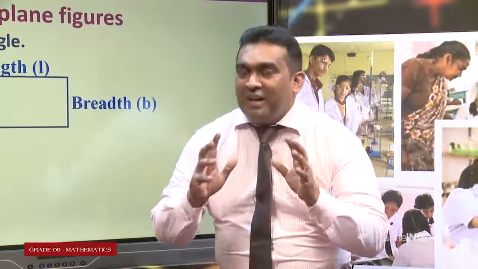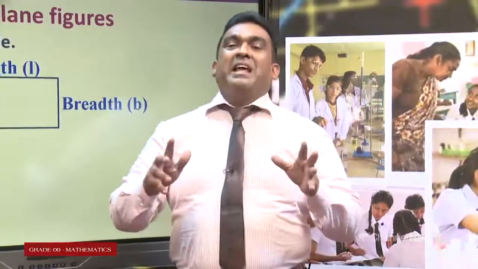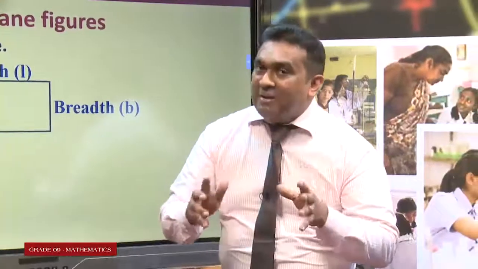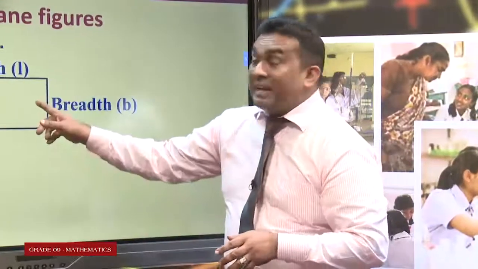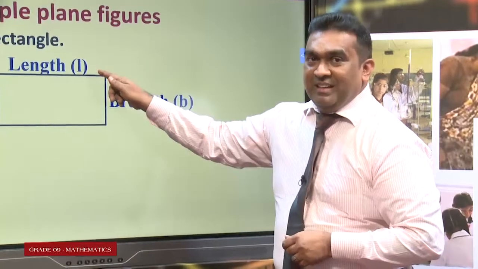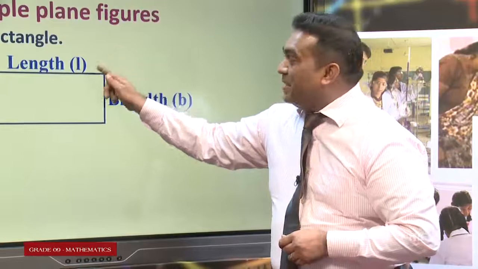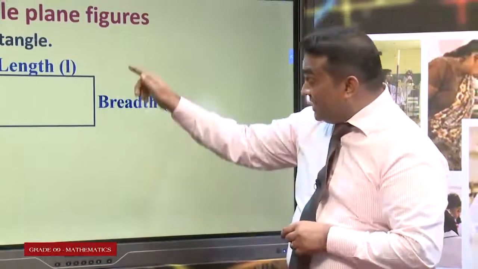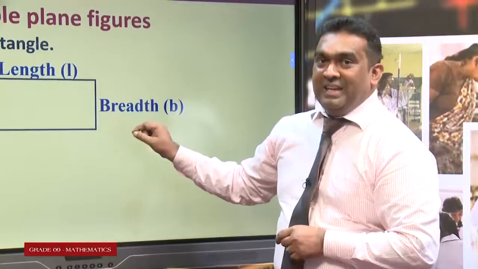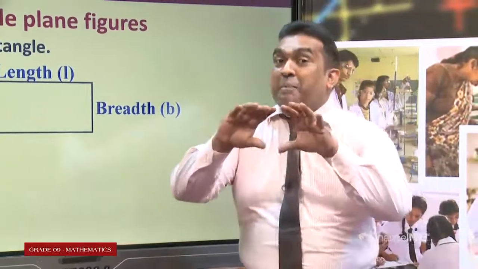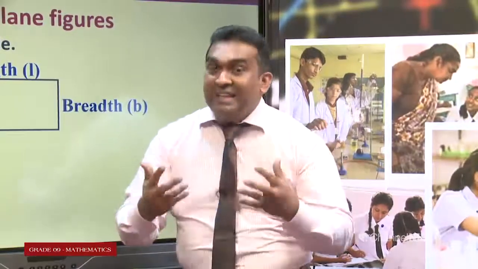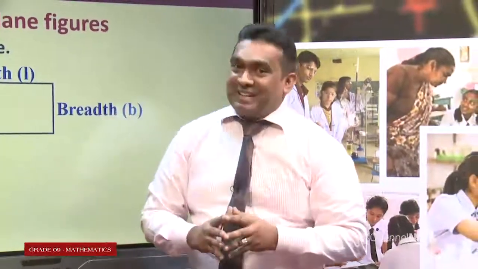If you want to find out the area of a rectangle, you have to take the product of length and breadth. In this rectangle, you can see this is the length. What is the symbol? Simply L. In this rectangle, this is the breadth, B. We want to get the product of length and breadth to get the area of this rectangle.